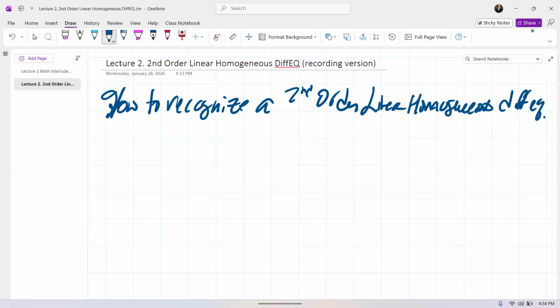All right. So the first thing we need to recognize is the second order part. How would you recognize if an equation is second order? Well, the way we recognize it is we look for the highest derivative.